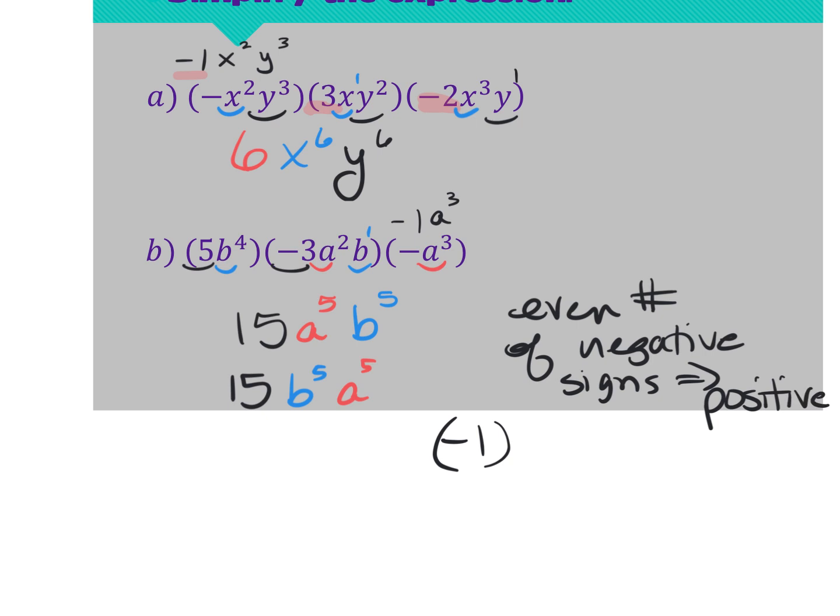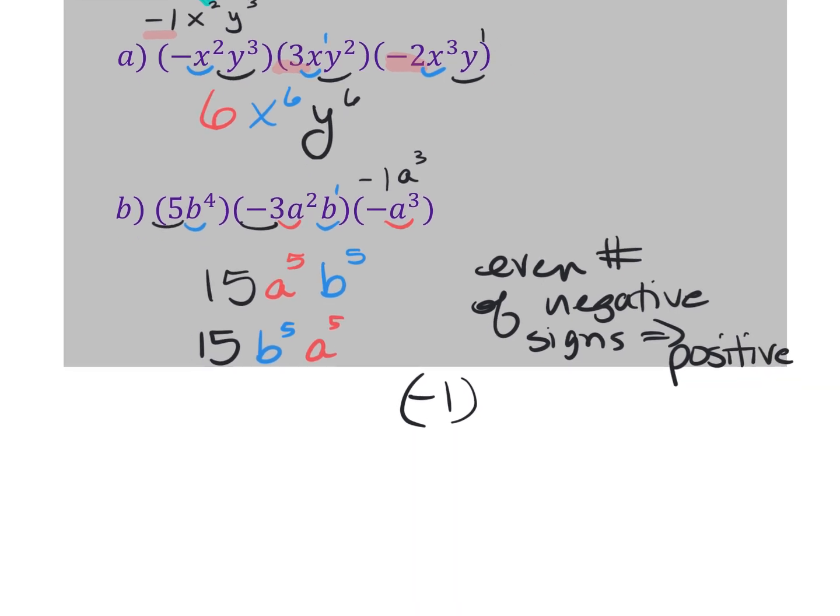Let's say I'm going to multiply -1, -1, -1, and -2. If I count the negative signs, I've got 1, 2, 3, 4 negative signs. 4 is an even number. So without even worrying about the signs, I could just multiply 1, 1, 1, and 2, and the answer will be positive because 4 is an even number.